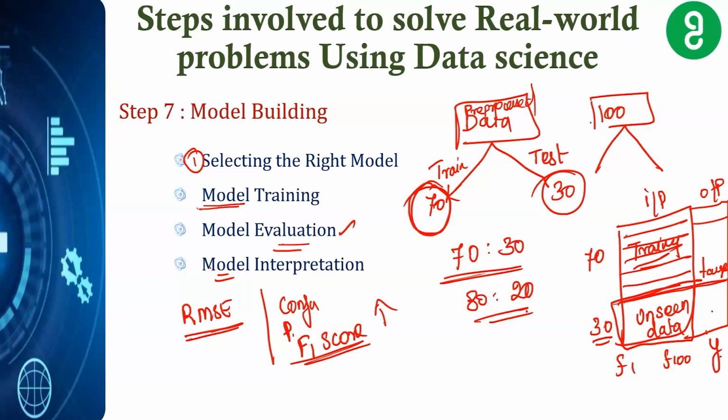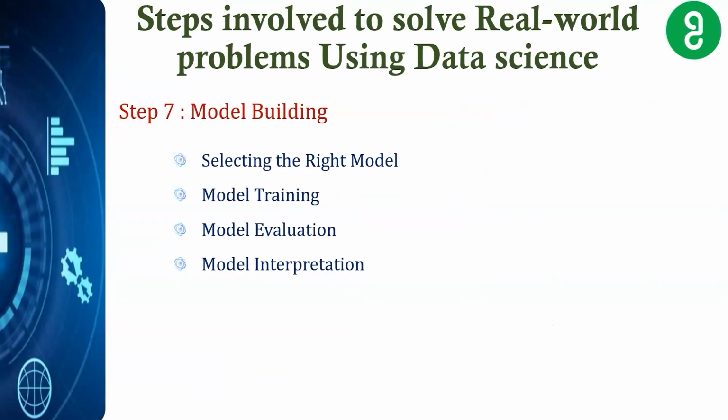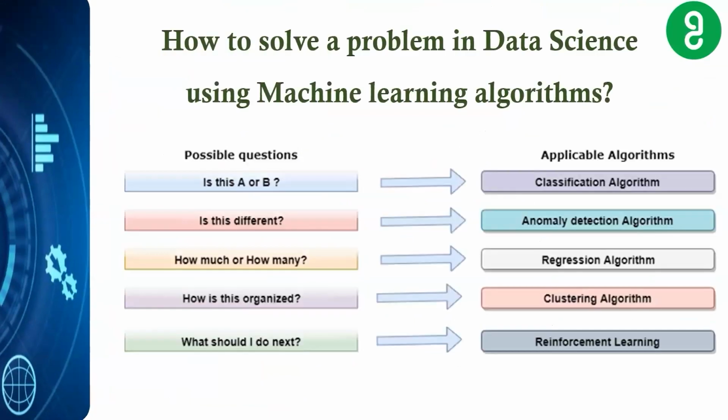So this is your model building, step 7. Under model building, we can take any kind of algorithm. It could be a machine learning approach, a deep learning approach, or a statistical approach as well. You have to identify the best algorithm based on your problem requirement.